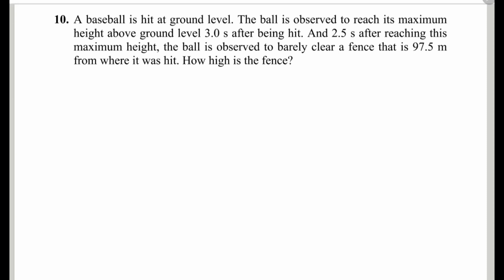Now, here's the situation. v final y equals the initial y velocity minus g t, or in this case, the final y velocity is equal to 0 at the maximum height. So the initial y velocity equals 10 times 3, or 30 meters per second.